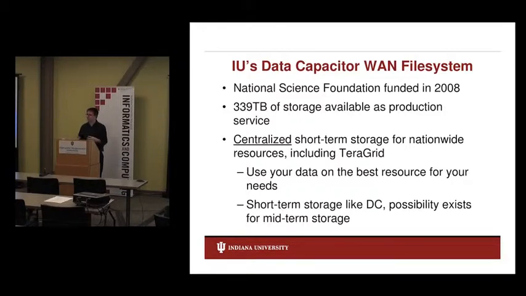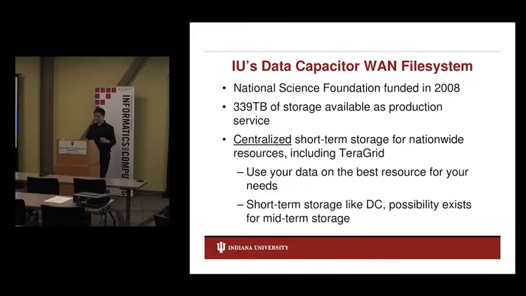The possibility exists for mid-term storage. 339 terabytes, after listening to Alex's keynote this morning, doesn't sound like very much. It's really meant for doing computation, getting the results, and doing something with them, not meant for indefinite storage.